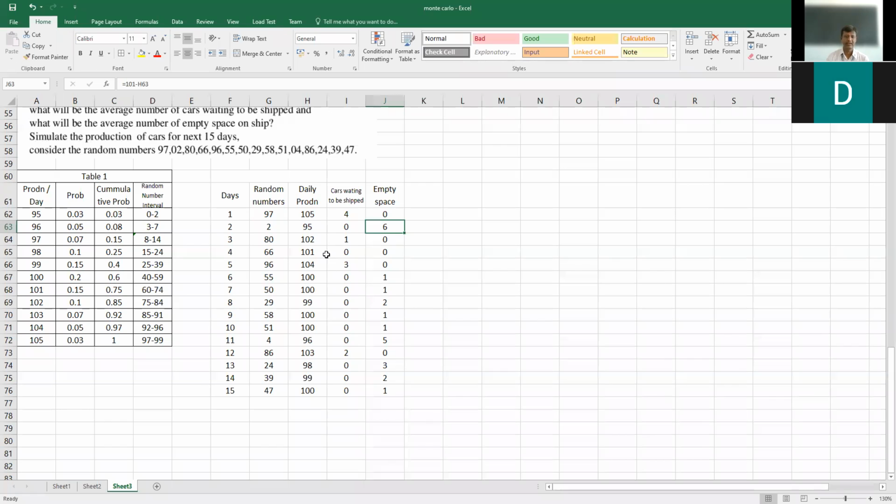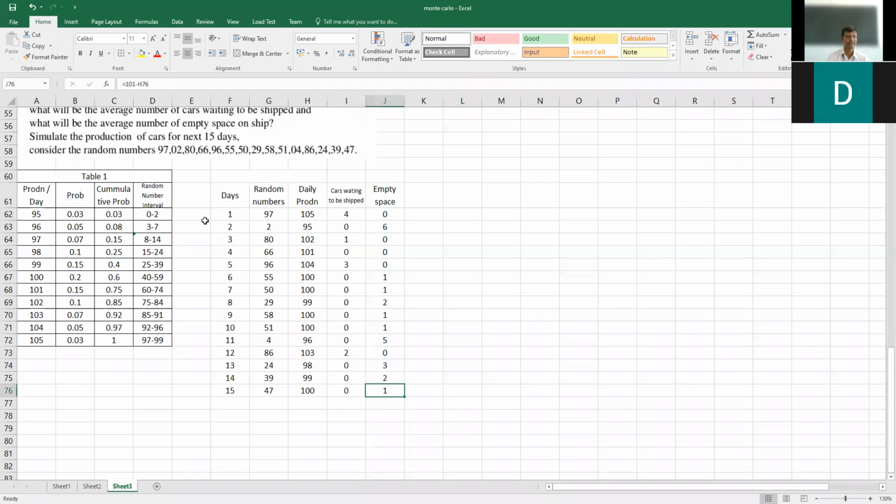Similarly, when the production is 102 and we are able to load 101 into the ship, the ship is full. Even though we have excess production, there is no empty space on the ship. So that is how we calculate this empty space on the ship.